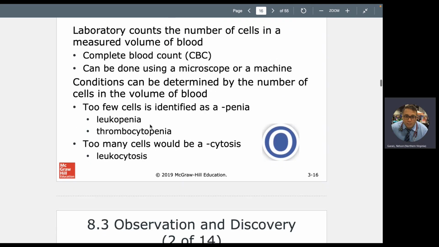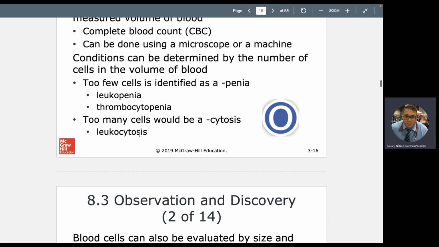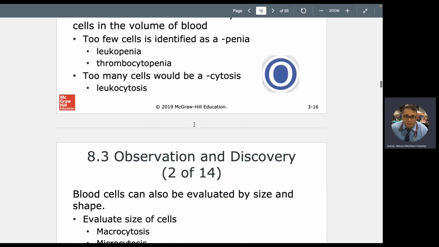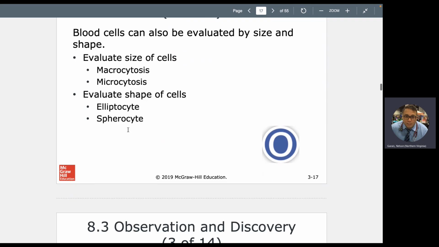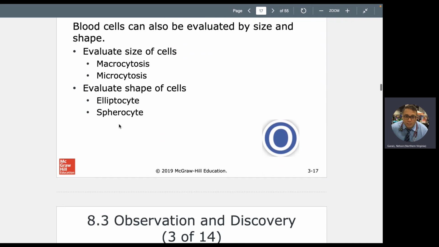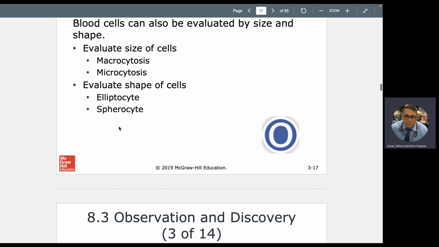CBC, complete blood count. We talked about this. Leukocytosis. Remember, too much cytosis, too little penia. Macrocytosis, microcytosis. That's large cells, small cells. Elliptocyte, spherocyte. Elliptocyte is like an oval type cell, and the spherocyte is a circular cell.